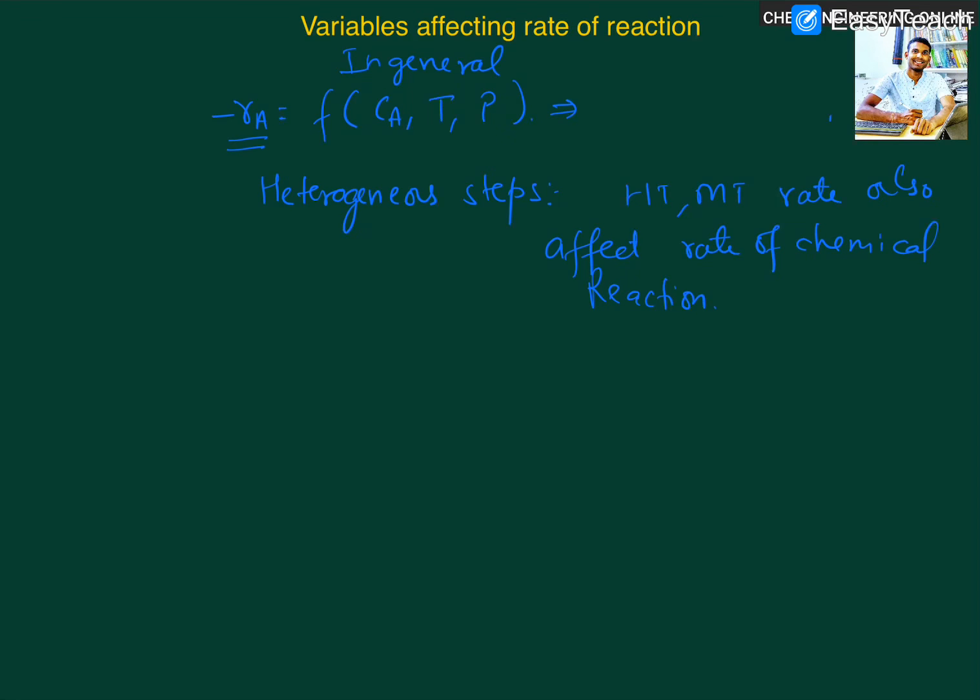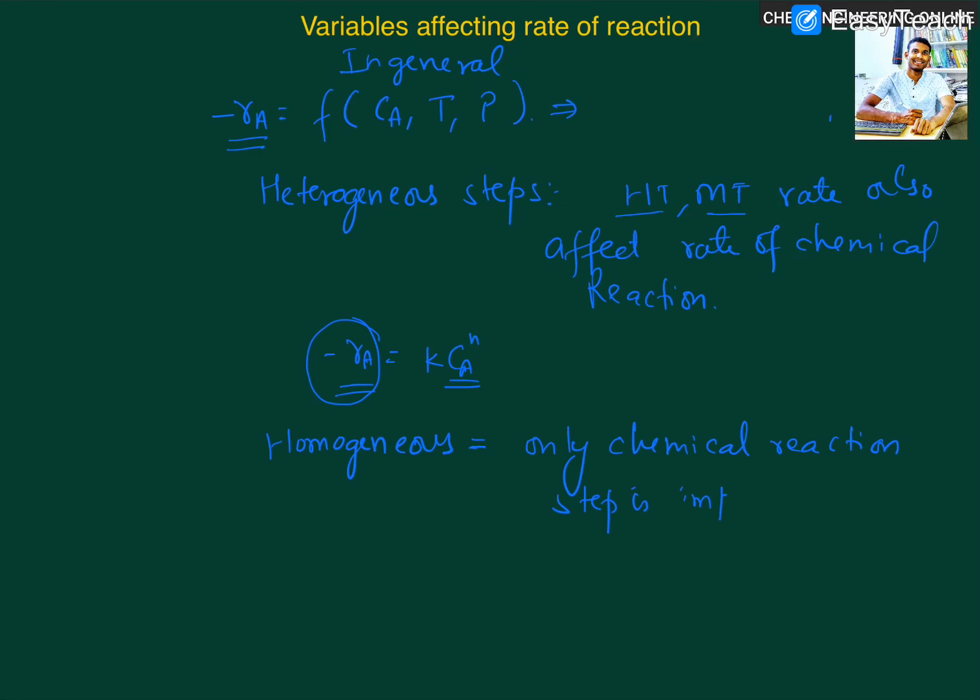That means along with minus rA dependency on k C_A raised to some power, concentration changing the rate of reaction, the heat transfer and mass transfer rates also affect the rate of chemical reaction. Whereas in homogeneous, only chemical reaction step is important.